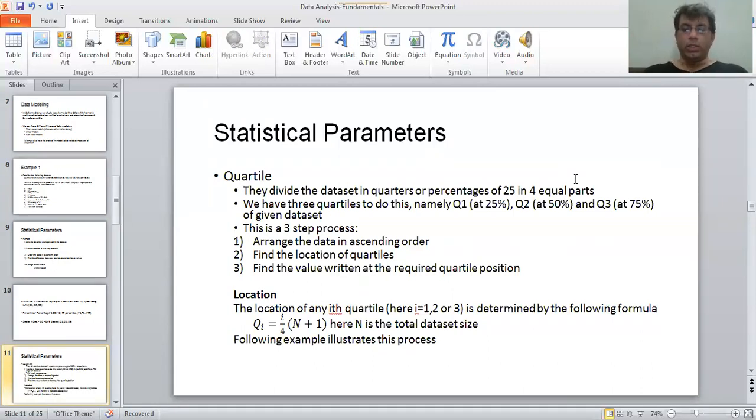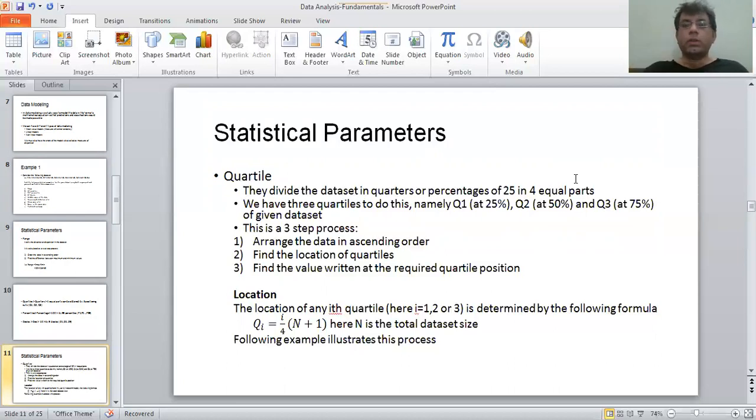Then the second step to perform is to find the location of the quartiles. This is an important one, because we need to locate the position where we want the quartile to be present. We need to have that specific position, right? So for example, if I ask you what these specific positions would be, then when we talk about the quartiles dividing the data in four parts, the first position would be at the 25th percent point in the data set.